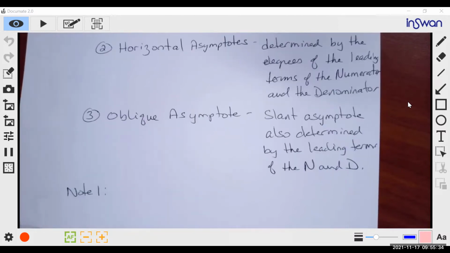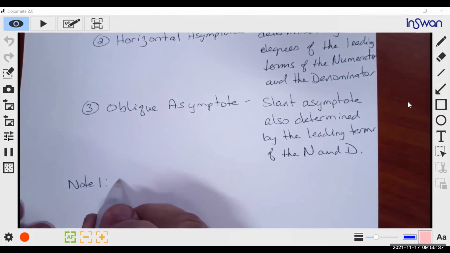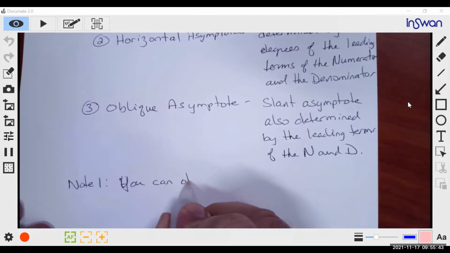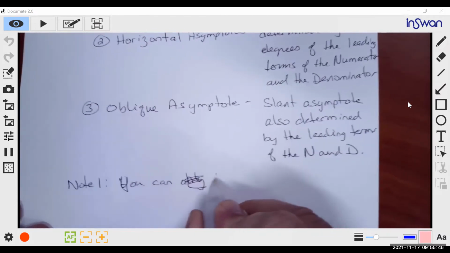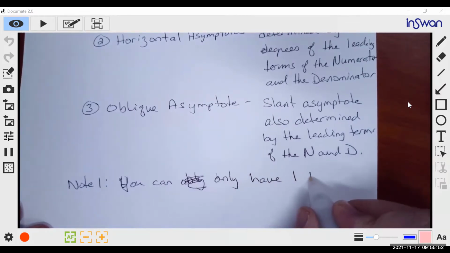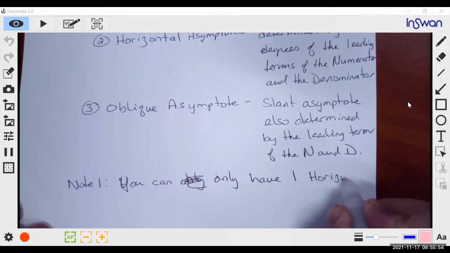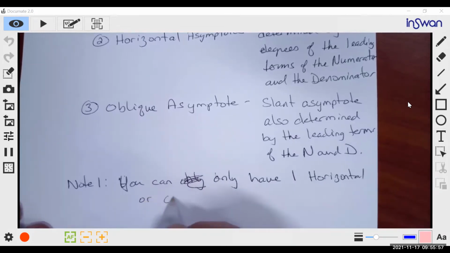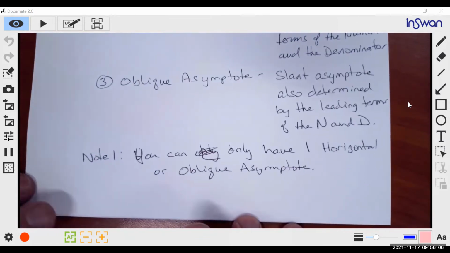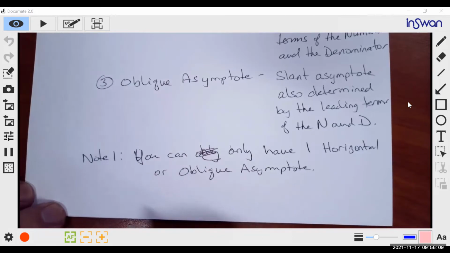Note 1. You can only have one horizontal or oblique asymptote. Note 2.